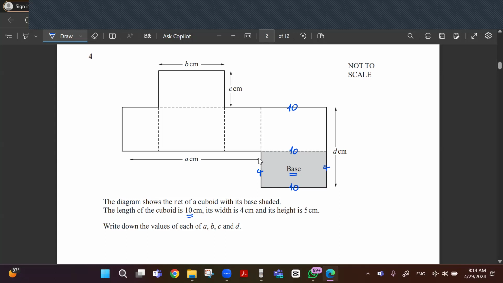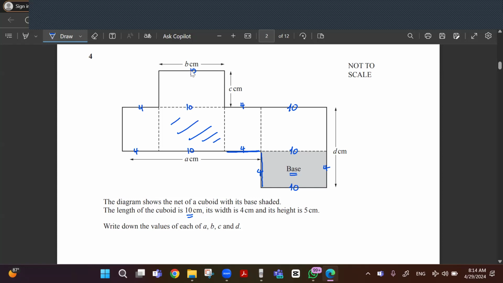If I'm going to fold the cuboid, this side should fit with this side, right? So if this is 4, this is also 4. So in front of it, also 4. And same here, 4 and 4. And this will be opposite to the base. So this is 10, and this is 10, and this is 10.